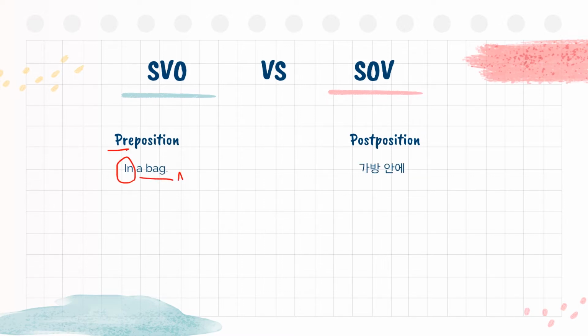But Korean, like other languages with SOV word order, has a strong tendency to use postpositions rather than prepositions. Like 가방 안에, 가방 a bag, 안 in, 에 is a place particle. Here 안 comes after a noun.